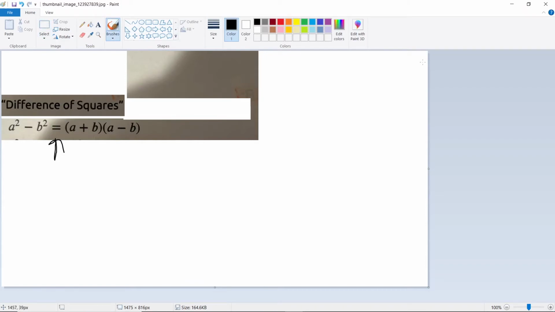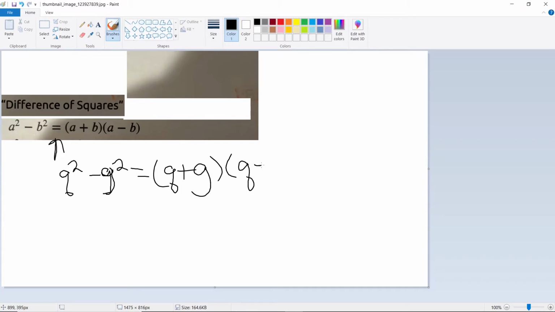But with variables, let's say you had Q squared minus G squared. Well, same pattern. That would be Q plus G times Q minus G. Difference of two squares.